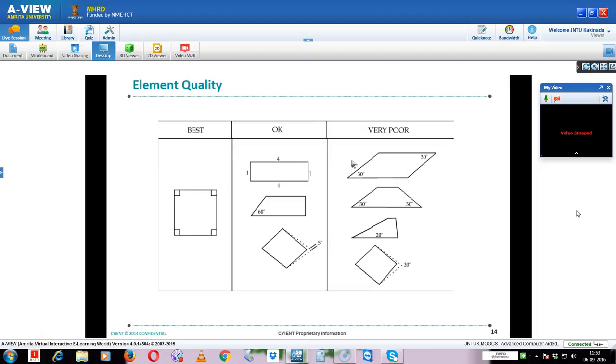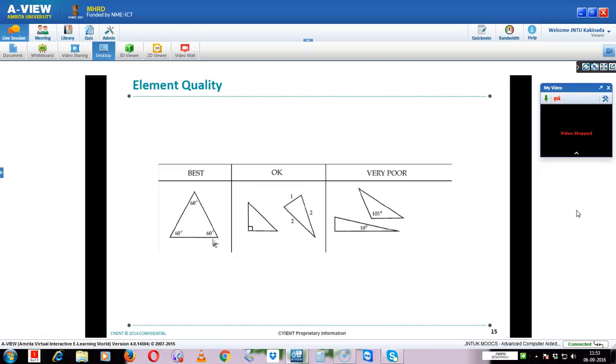Those are related to quad elements. Coming to here, this is related to tria. This is the best shape, and these are okay, and this is very poor.